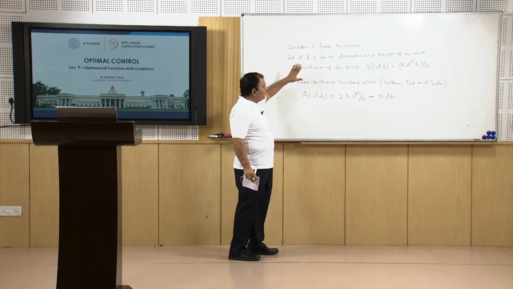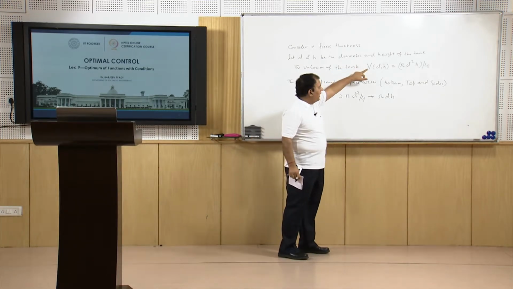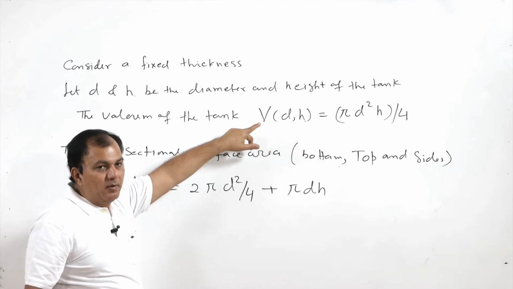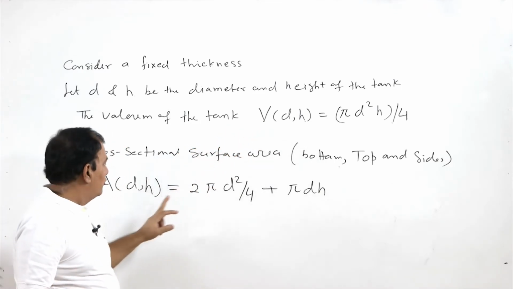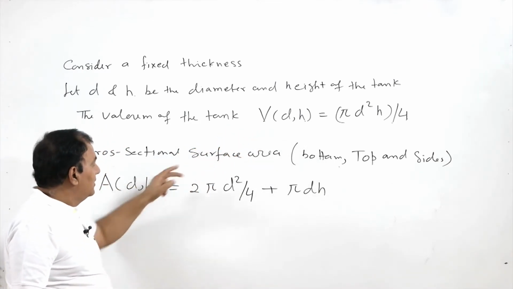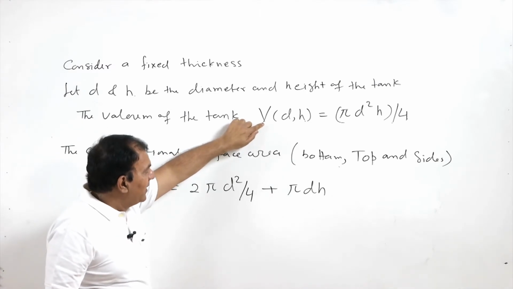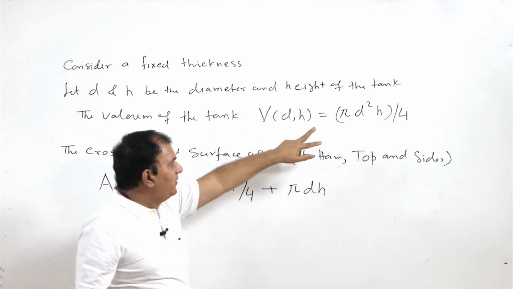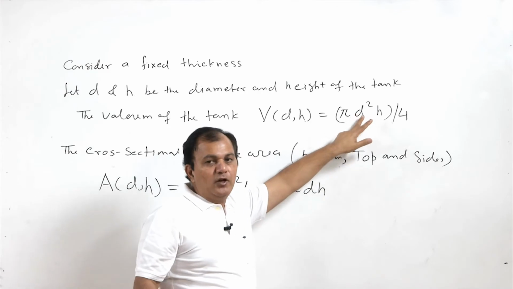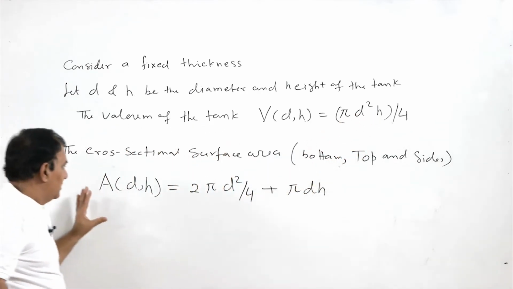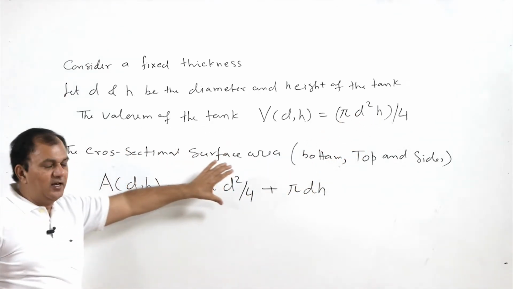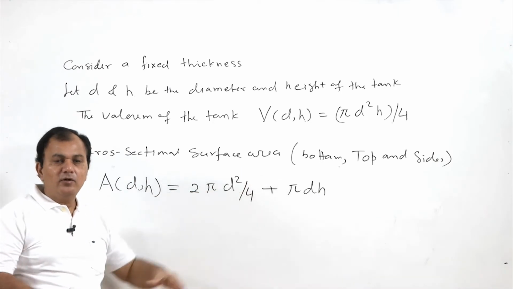So, what is my problem? I have to find out the maximum volume. This means I will maximize the volume by selecting the proper values of d and h, while my given surface area is constant.